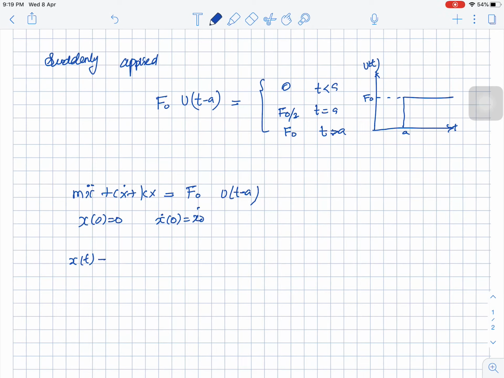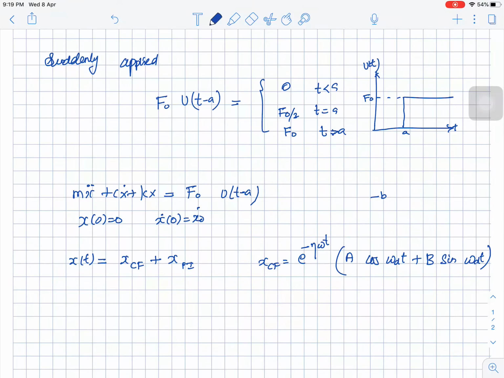This is a non-homogeneous equation, therefore we have to find the complementary function, then the particular integral. The complementary function will be e power minus zeta omega t, a cos omega d t plus b sine omega d t. This is coming from the characteristic equation.